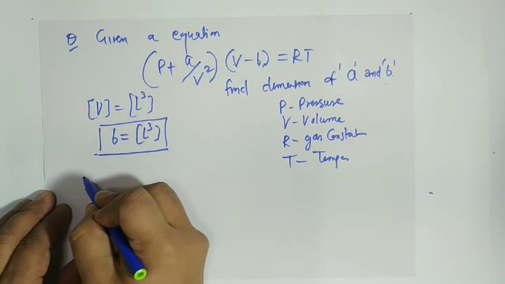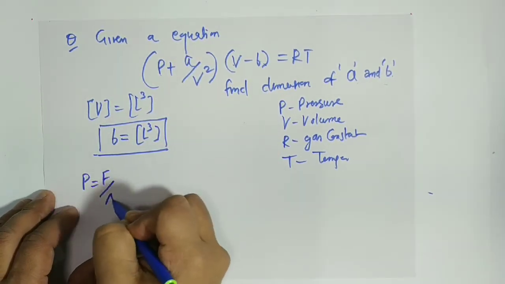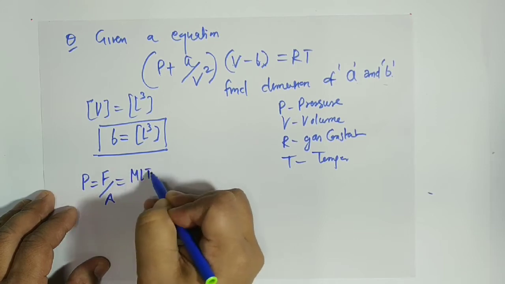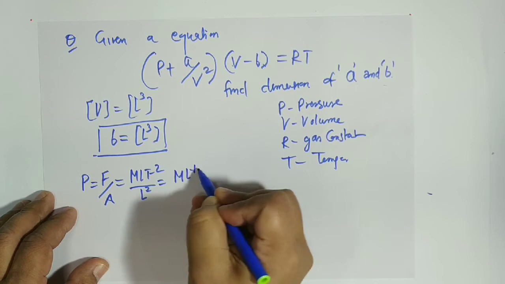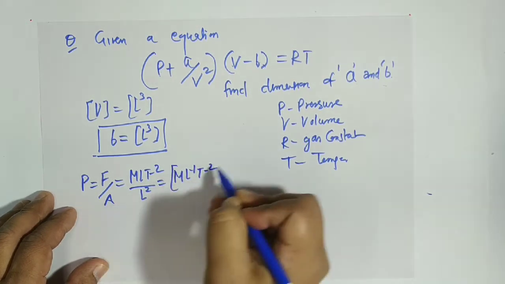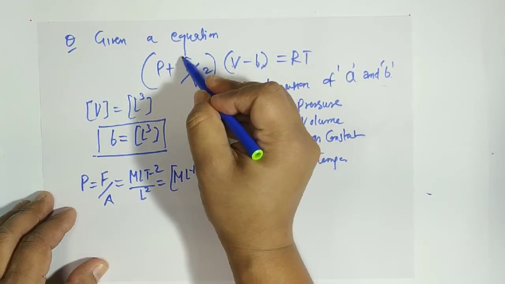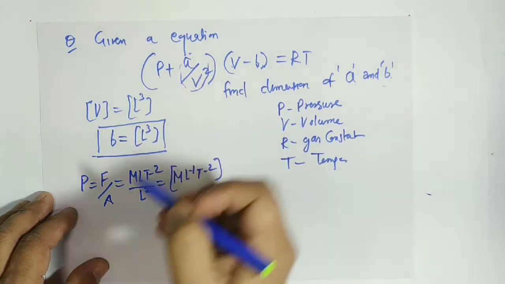Then P plus A by V square. What is the dimension of pressure? Pressure is force per unit area. Force is MLT minus 2, area is L square, so it is M L minus 1 T minus 2. This is pressure, so this part should also be equal to pressure.